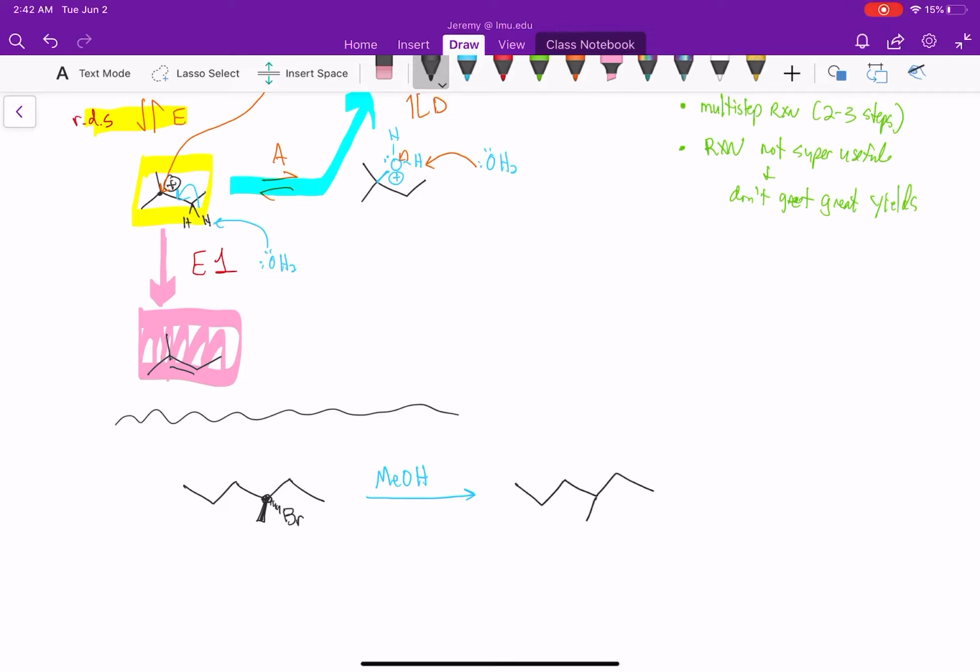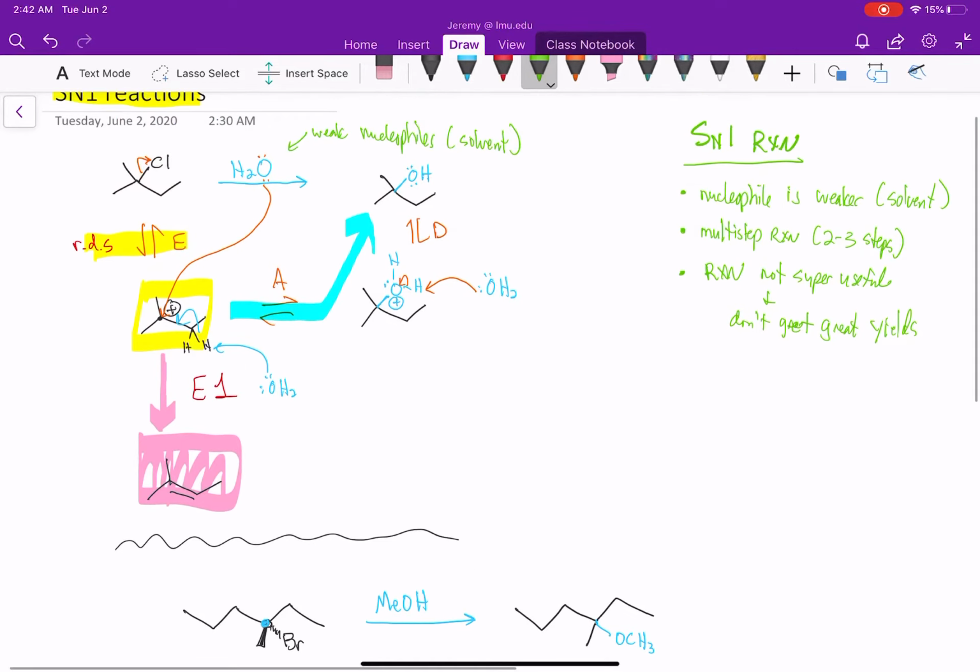But what happens now, as opposed to the SN2, where you have inversion of stereochemistry if you happen to have a stereocenter, is that we have a loss of stereochemistry. So let's put that up here. We have a loss of stereochemistry at the electrophilic carbon.